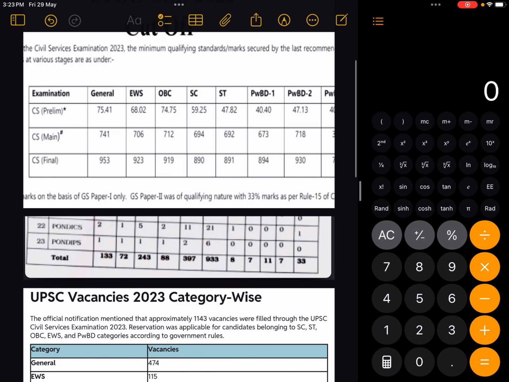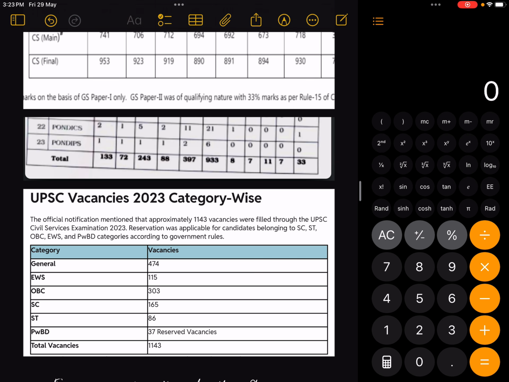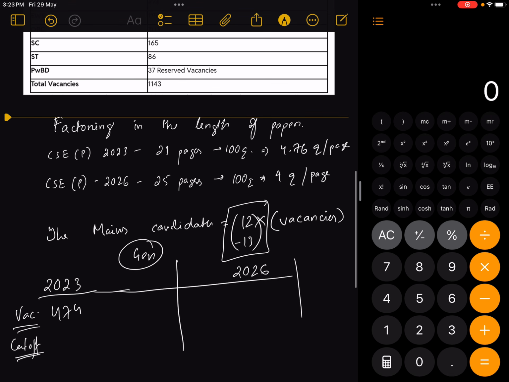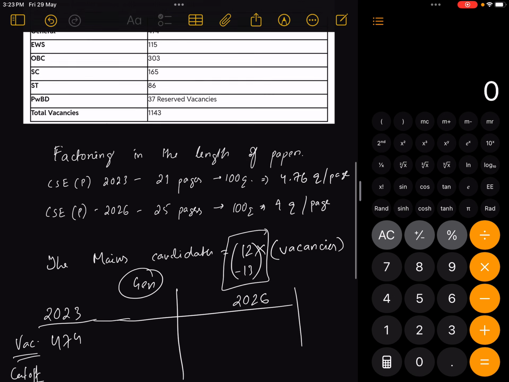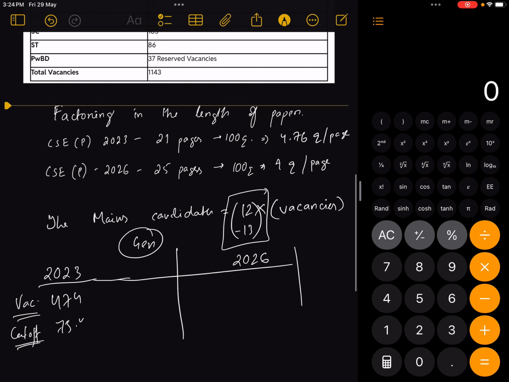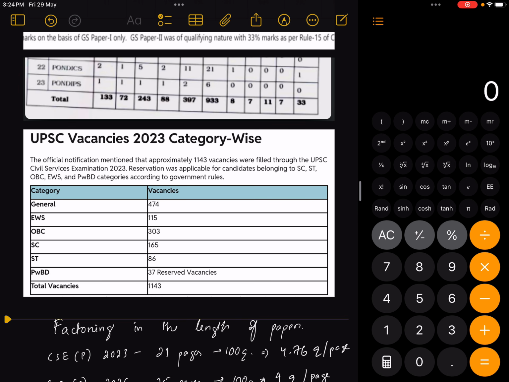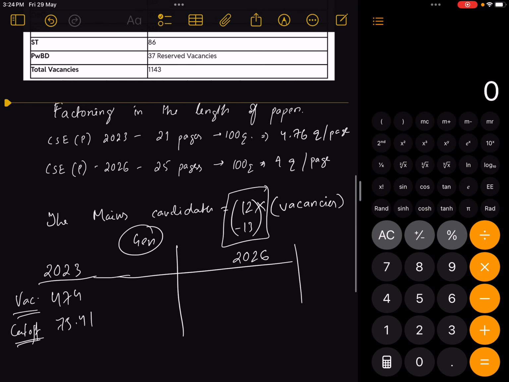So the vacancy in 2023, as shown here for general, was 474, and the cutoff was 75.41, beg your pardon. And in 2026, the vacancy is merely 397 seats for general, and the cutoff is an unknown.